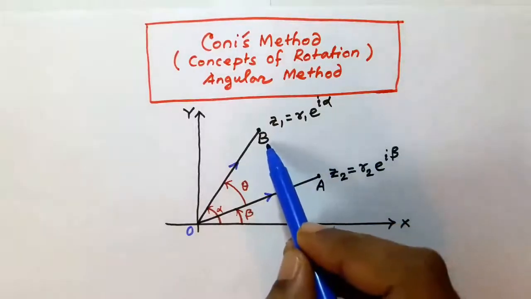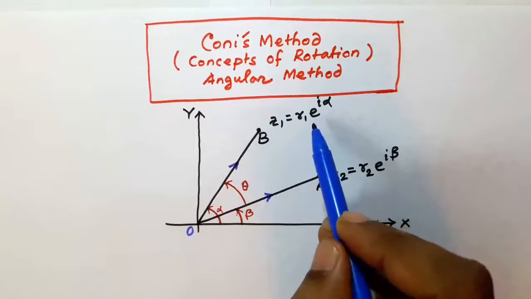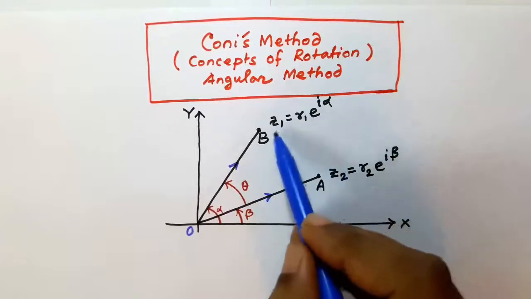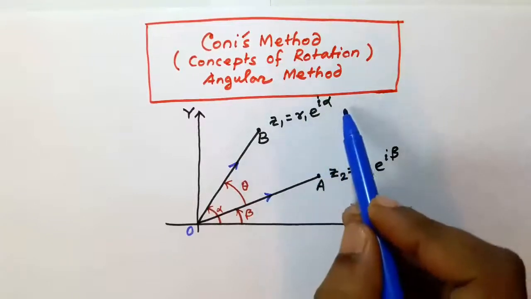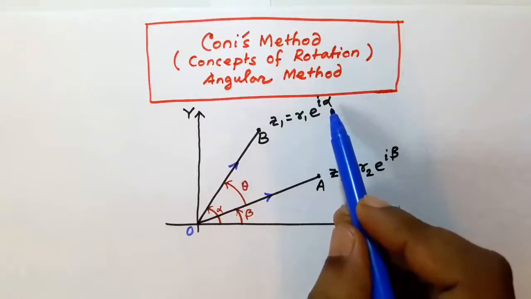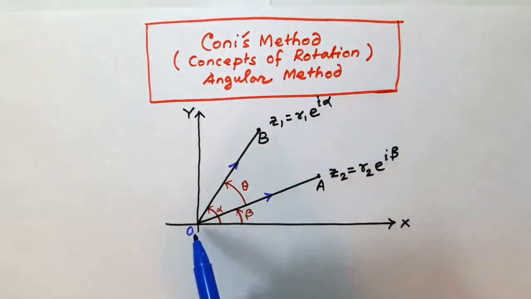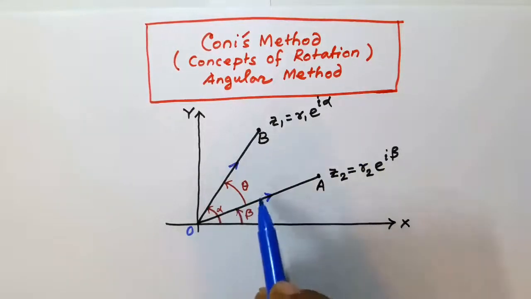Similarly, at this point B, which is R1 e to the power I alpha, the magnitude of this vector Z1 is R1 and the direction, that is the argument, is equal to alpha. Now here O is the pivotal point which is located at the origin about which the rotation happens.